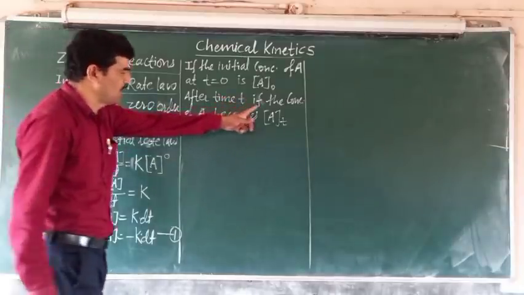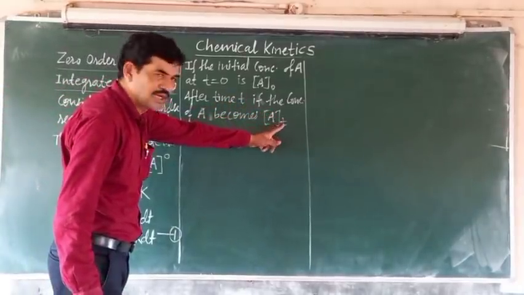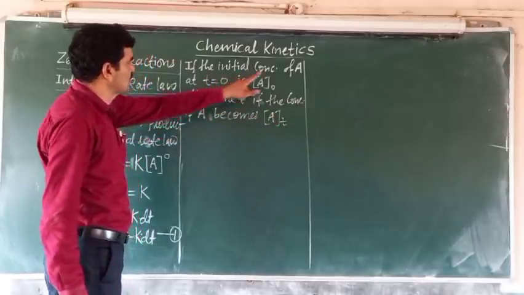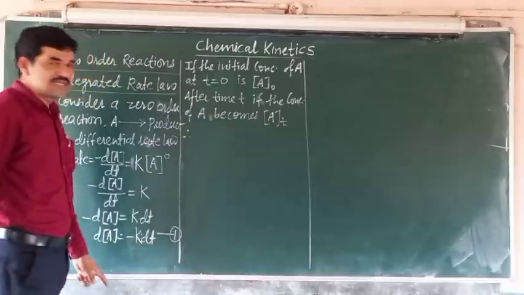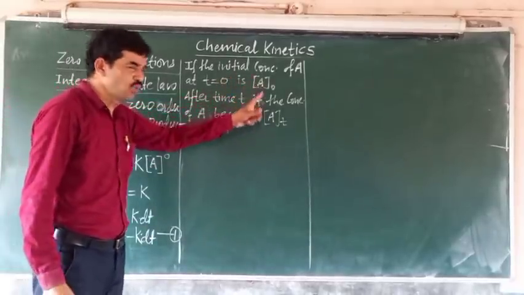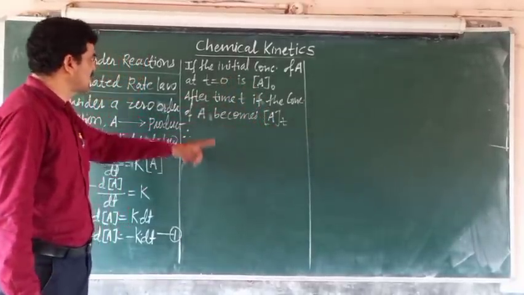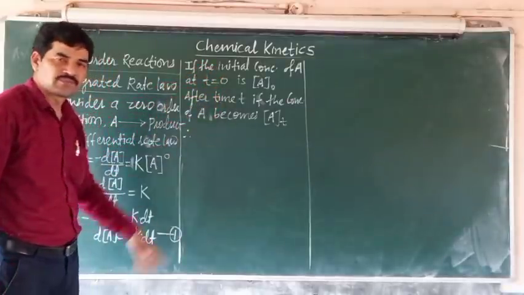After a time t, the concentration of the reactant is At, and the initial concentration of the reactant is A0. Therefore, the limits of the concentration are A0 to At, and the limits of time are 0 to t.